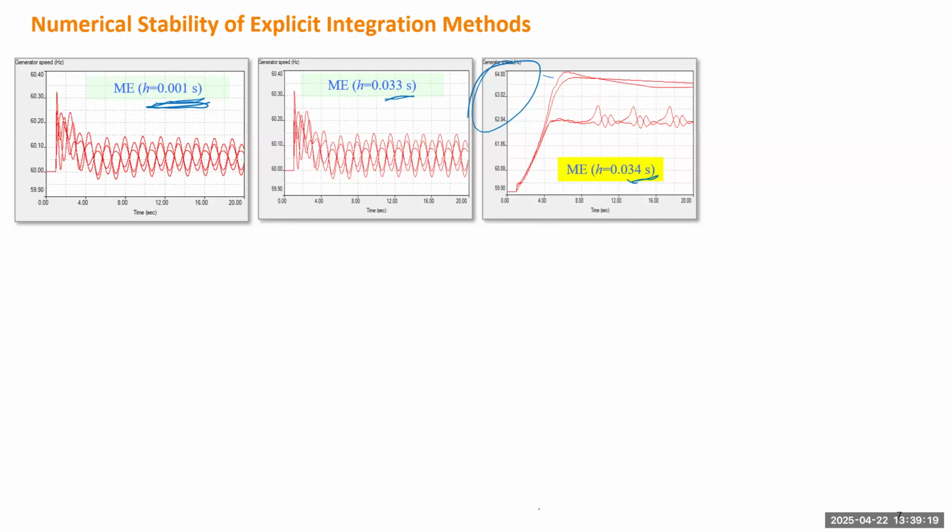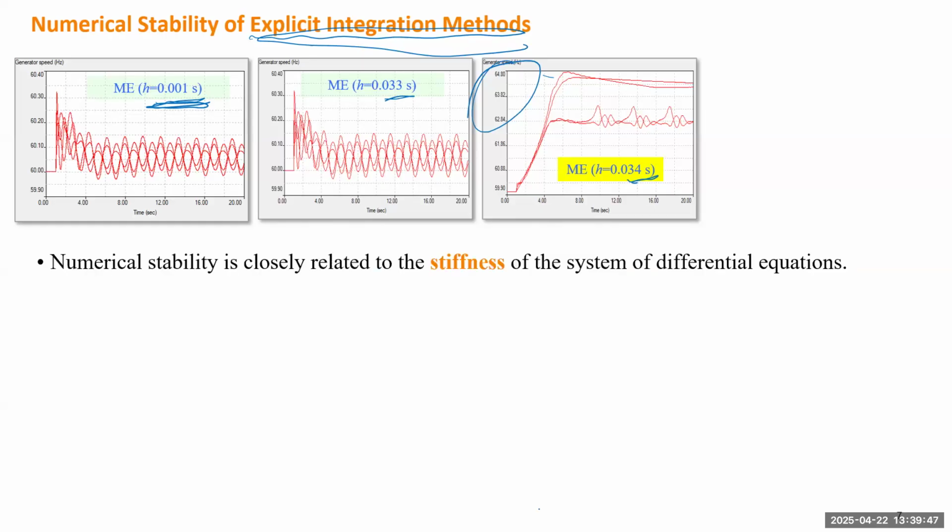So this is caused by numerical instability, not transient instability. This means the instability happens in the simulated system because of the too large time step. It's not really caused by the instability of the system itself. This problem may happen especially with explicit integration methods. The implicit method will usually be much better than the explicit method.